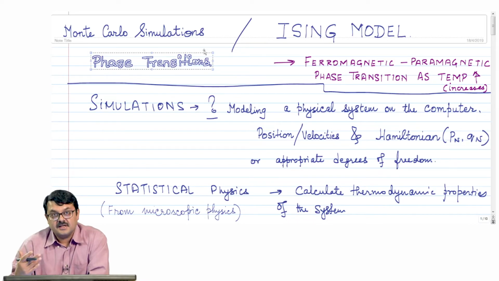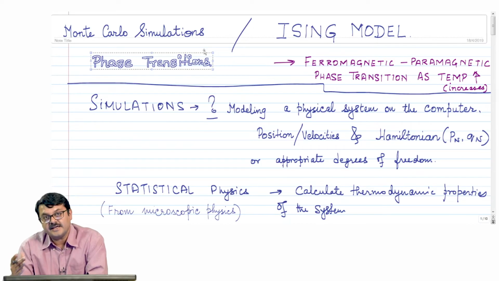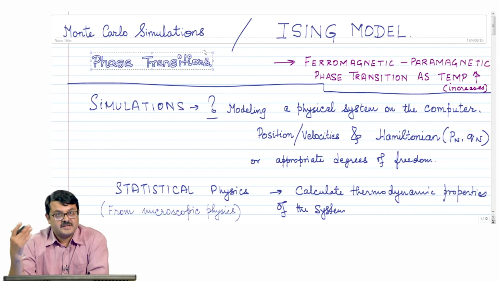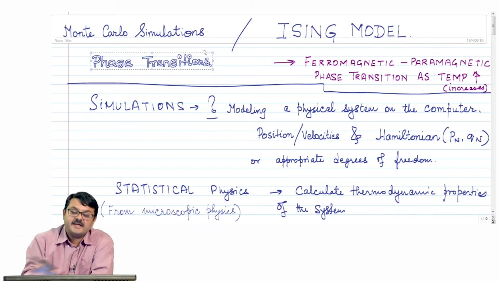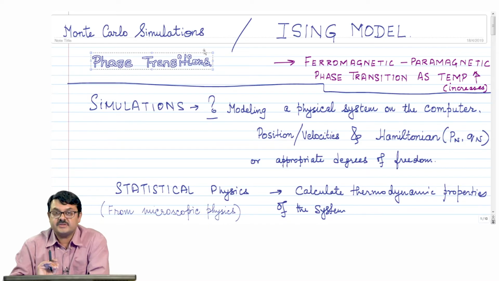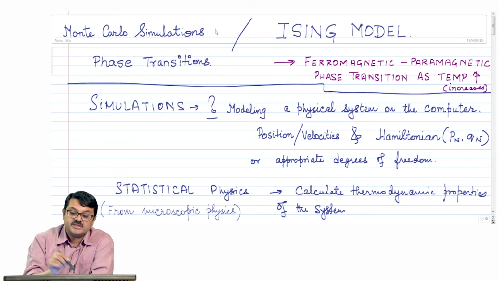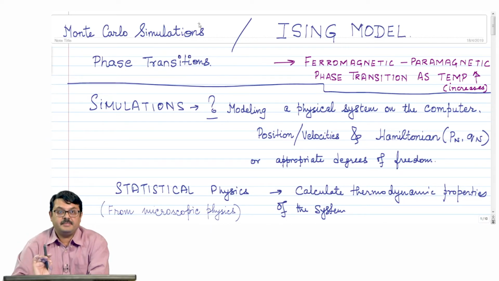So, we can learn the language of phase transitions and extrapolate these ideas to understand other more complicated phase transition behavior. Now, I understand right at the beginning I introduced a large number of terms with which you might be unfamiliar. So, I shall go through each of these terms and explain what they mean.